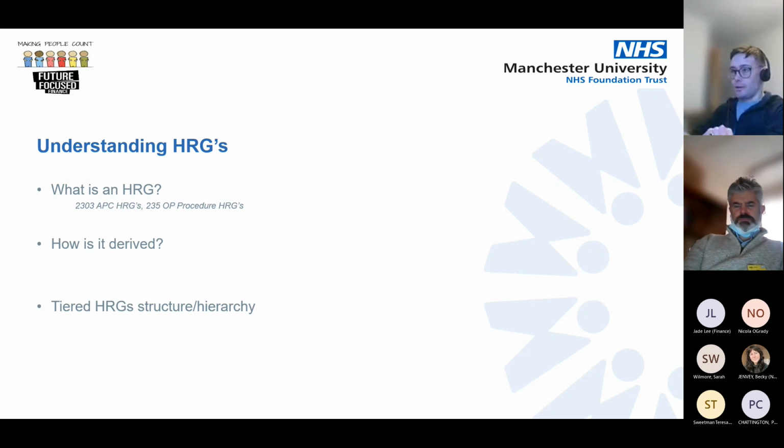As I said at the beginning, there are 2,303 APC, that's admitted patient care, HRGs. There's a short list of outpatient HRGs, and clinical coding doesn't deal with outpatients; outpatient appointments are given a first attender fee or follow-up appointment fee. That's how the tariff works.